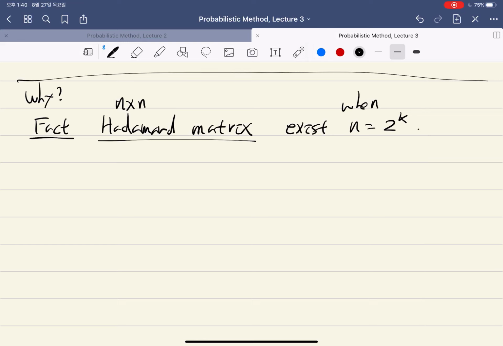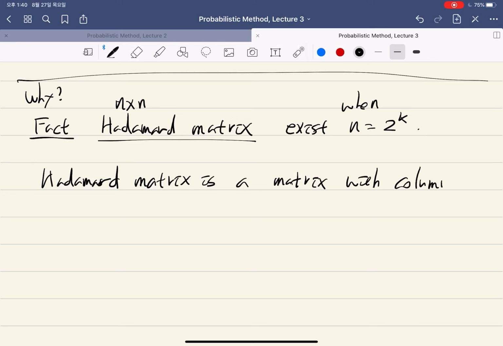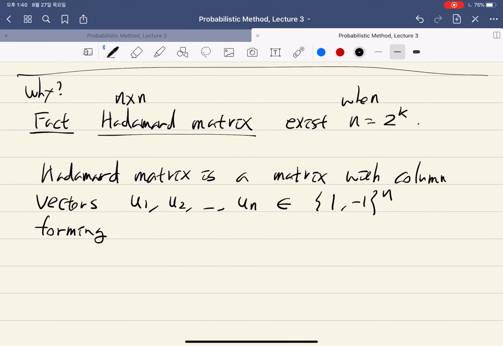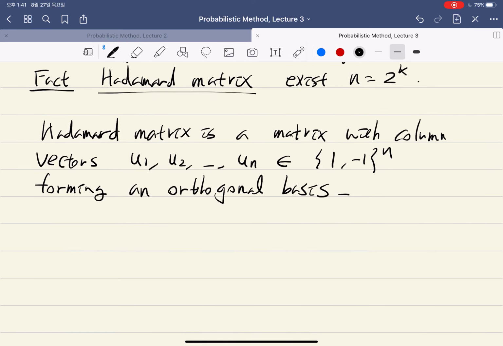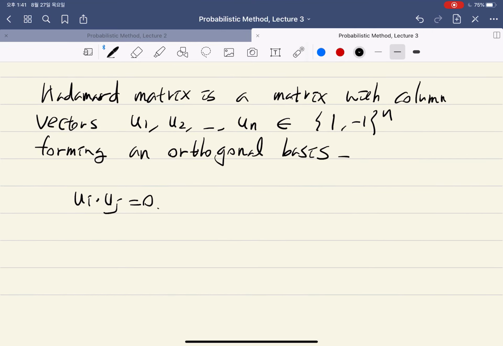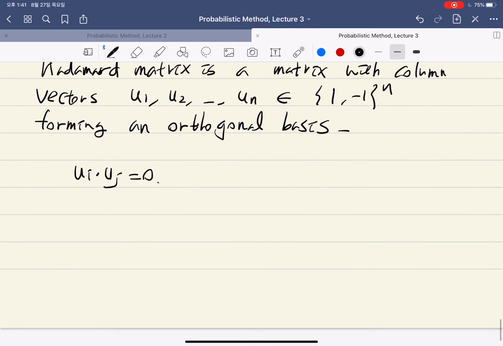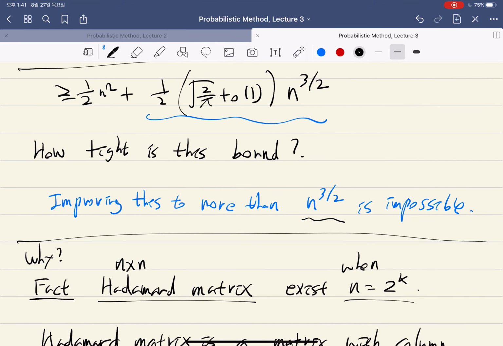It is a matrix with column vectors, let's say u1, u2, ..., un, which have all entries 1 or negative 1, and which form an orthogonal basis. So ui dot product with uj is 0, and none of them is 0. So we know that if n is a certain number, then this exists. By using that, we can actually show that the above cannot be improved too much.